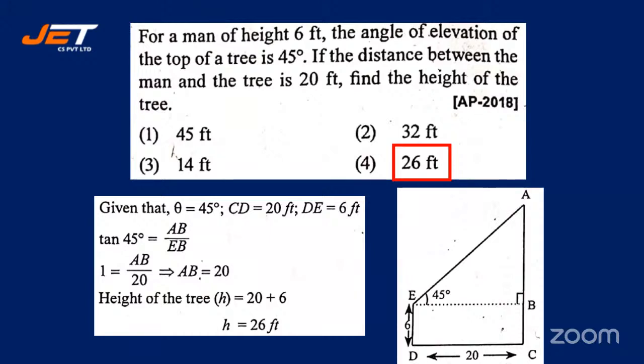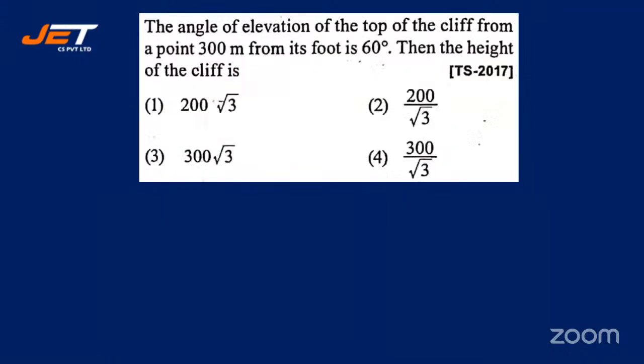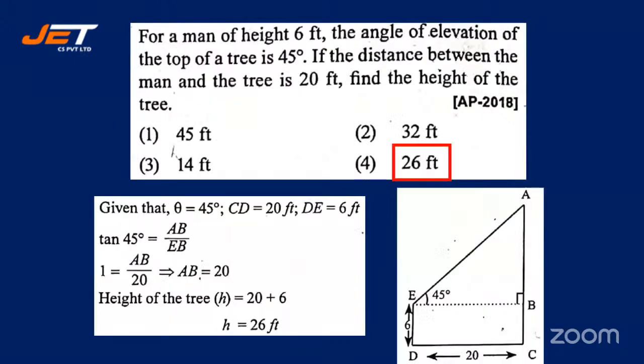We don't know the opposite side, that is AB. But we know tan 45 is 1. Therefore, AB is also 20. So the height of the tree is 20 plus 6, which is 26 feet. So your option 4 is the correct one.